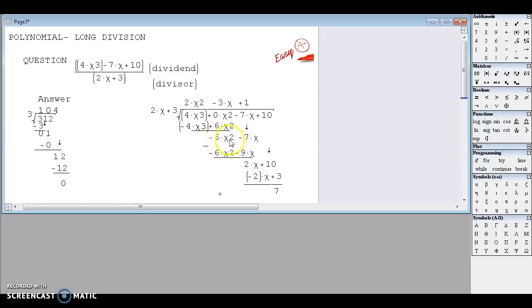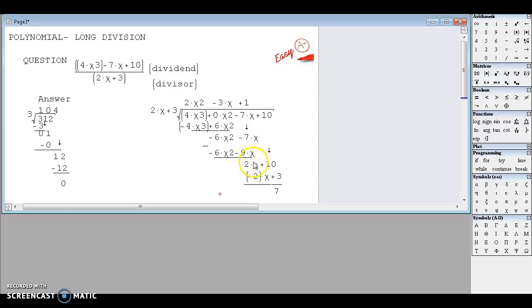So negative 6x squared minus negative 6x squared is equal to 0. Negative 7x minus negative 9x gives us a positive 2x, right?